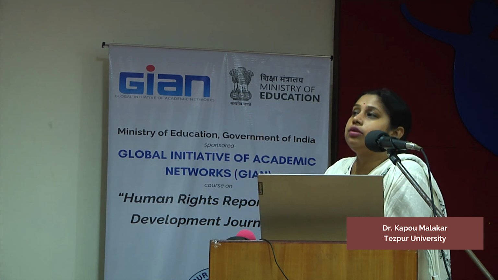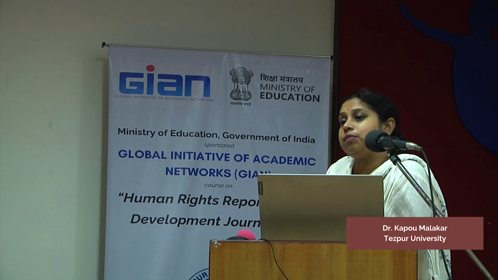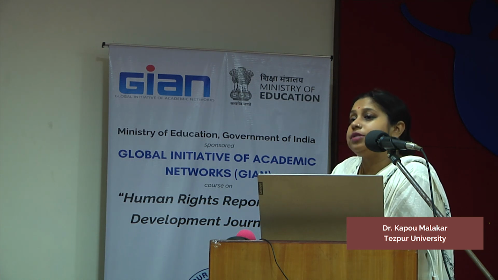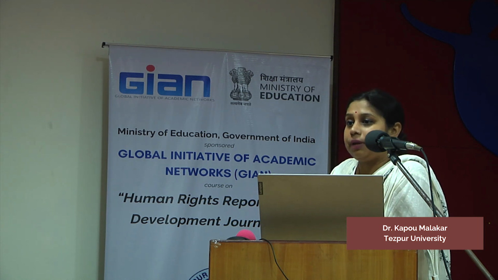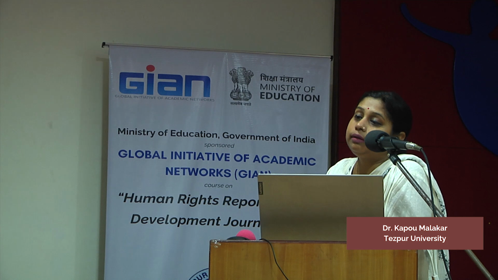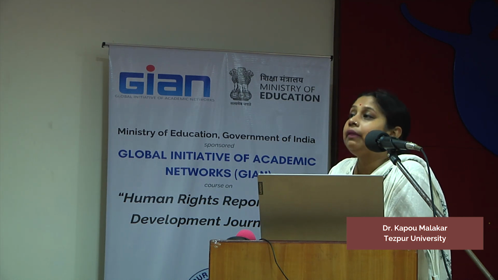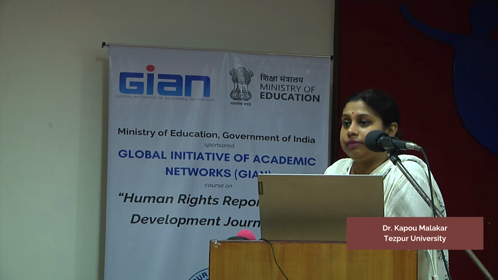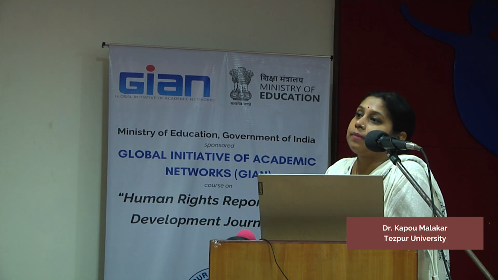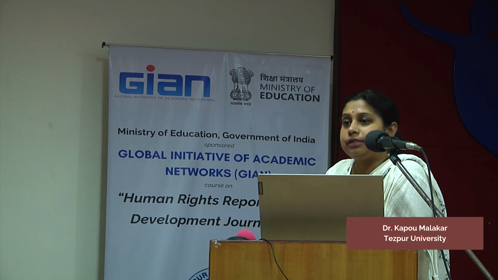And then medium-term objective: there might be a gender sensitization program through which you can sensitize the police community about gender. And then we have a long-term objective like a 50% decrease of police brutality on gender.